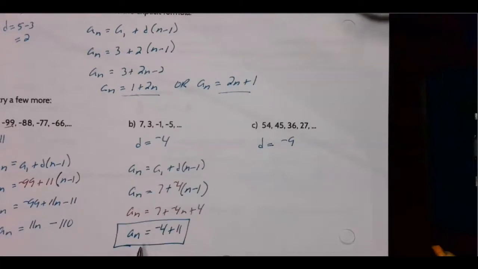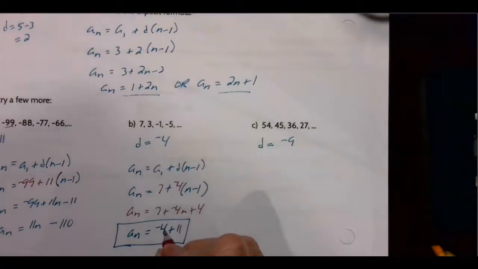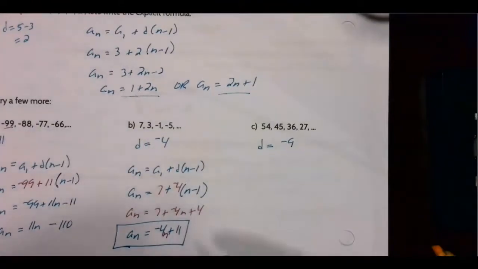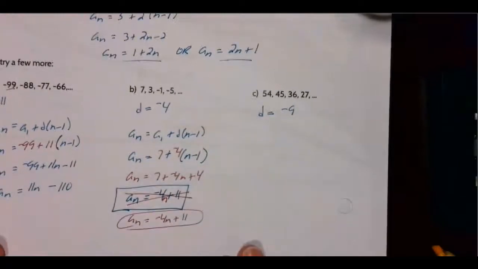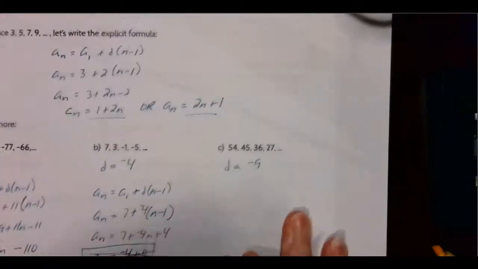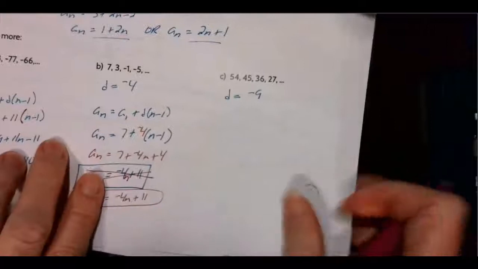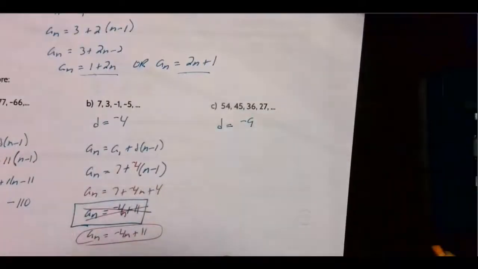So how'd you do? Did you get a sub n is equal to, whoops, forgot the n, kind of important there. Okay, so a sub n, sorry about that, is negative 4n plus 11. Forgot the n on that one. How'd we do? Better than me, I hope? Great. Okay, C, if you want to do that same thing, pause. Okay, or you can just watch as I go through and do it.